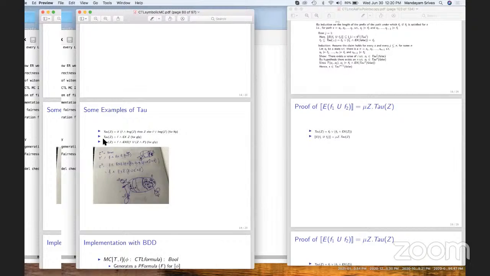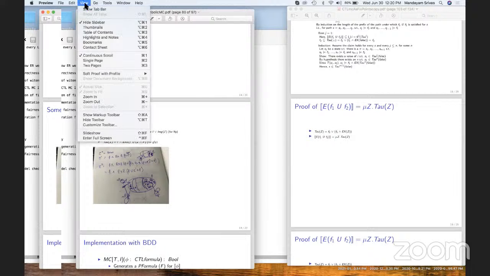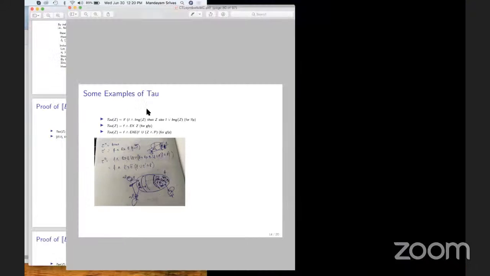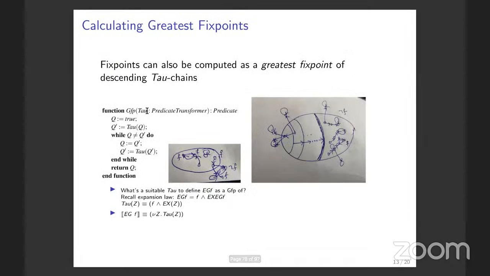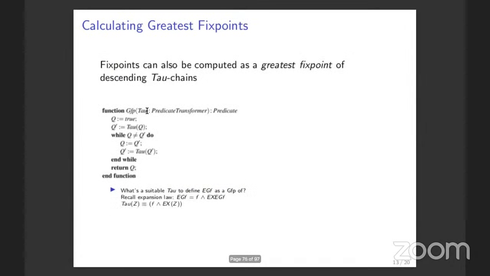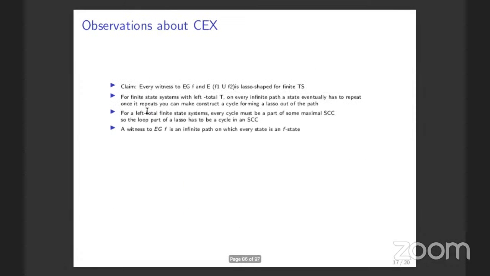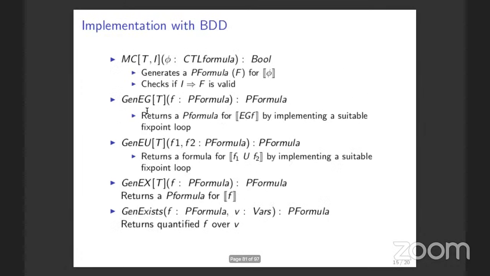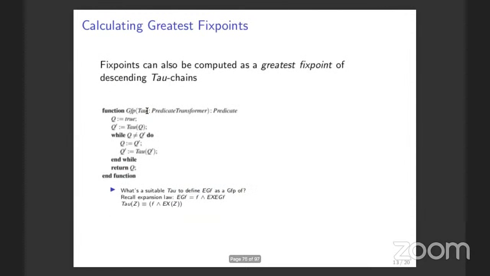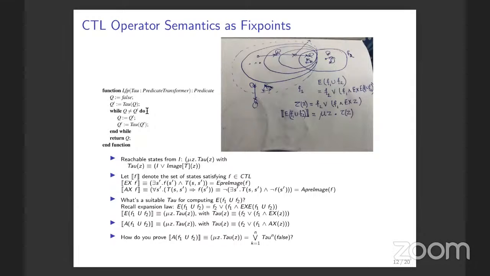So what I mean is, so this process of extracting a counterexample is what I'm calling forward symbolic execution of it. Why do I do that?